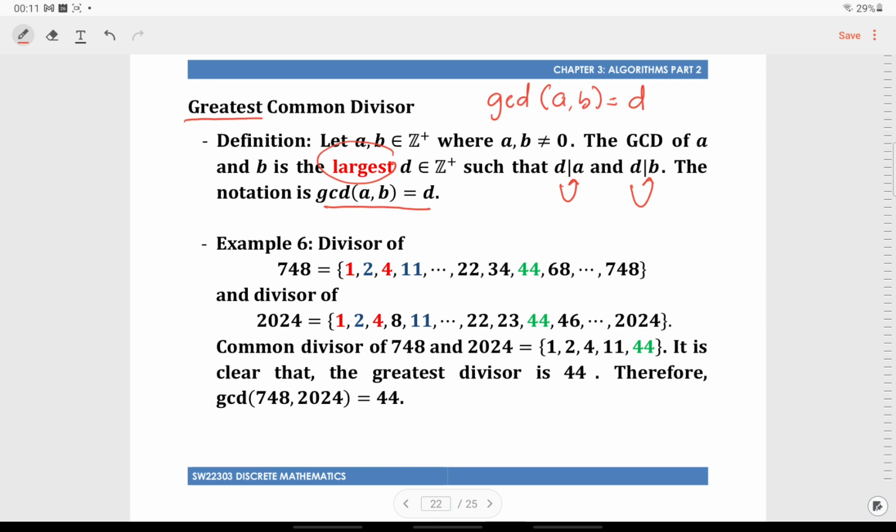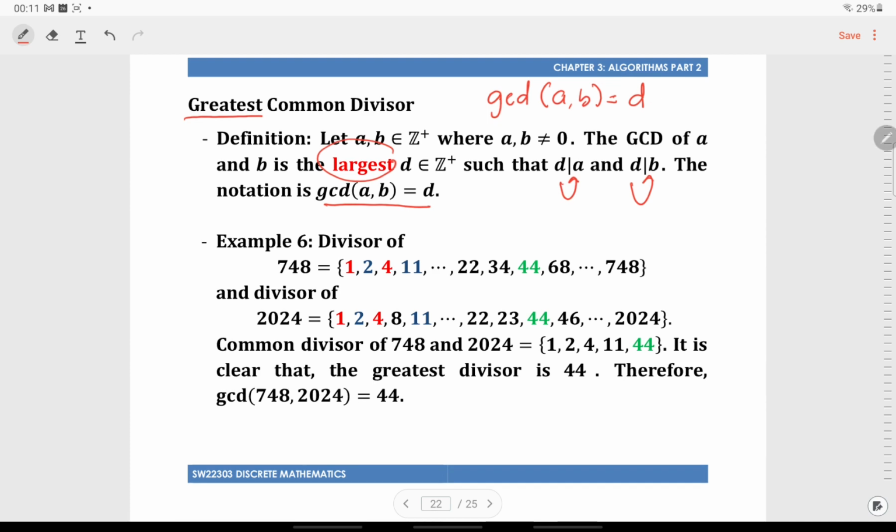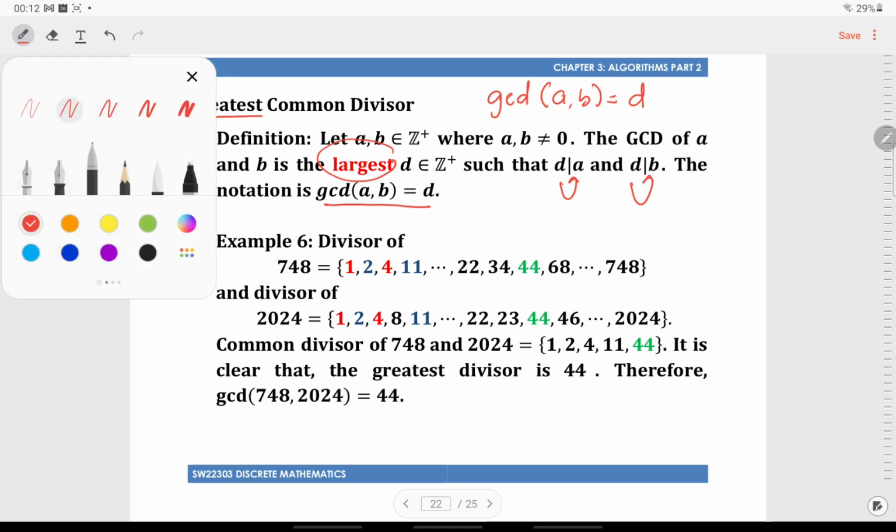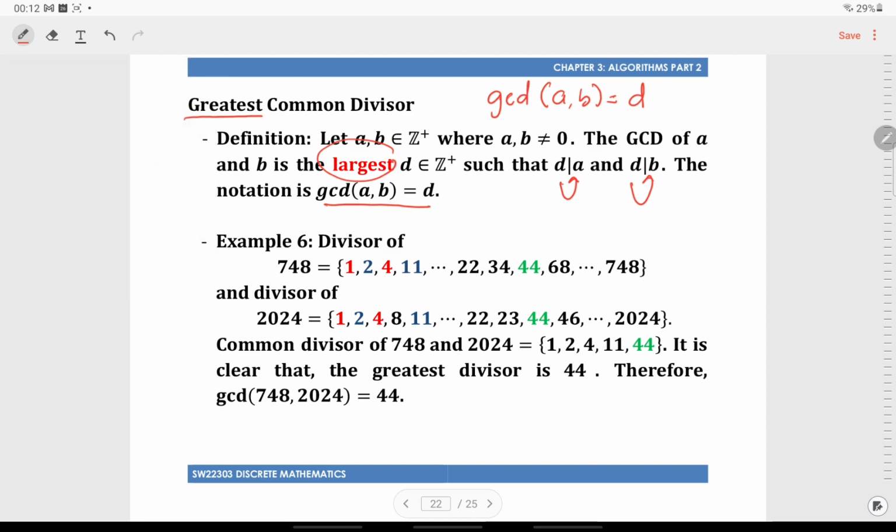You need to write the notation completely, because in exams, I know some of you will try to use a simpler notation. Sometimes in exams some students just simply write GCD equal to, for example, 8.